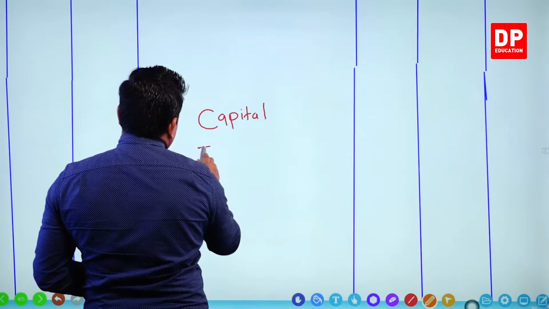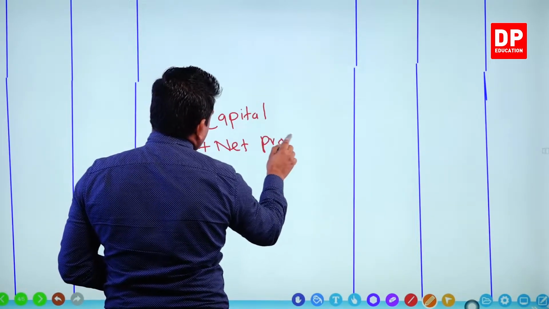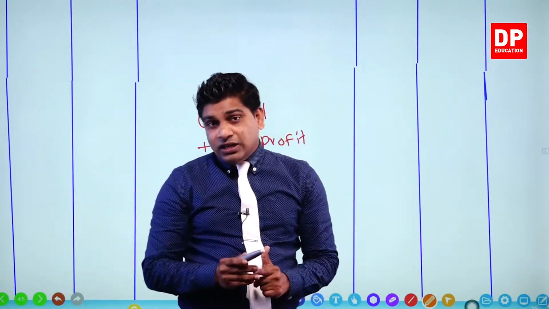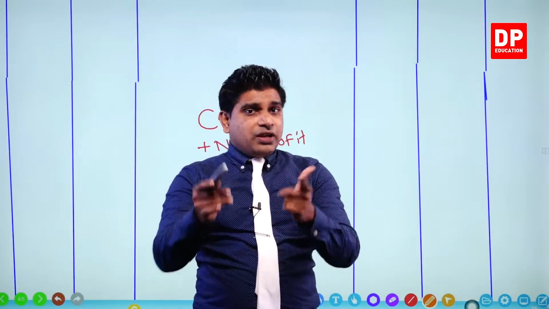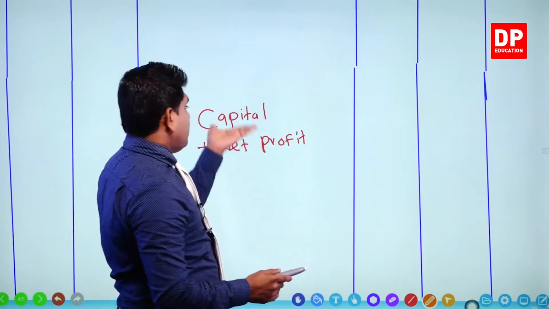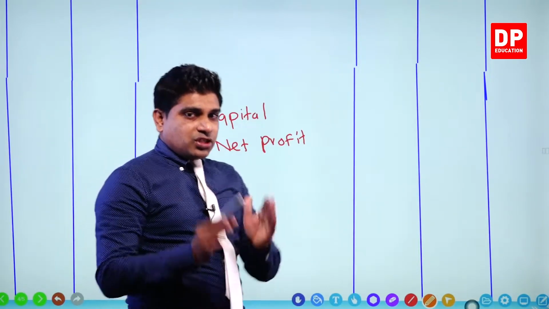After that, we put net profit. You remember, if they have given drawings, we write it under the net profit: after adding net profit to the capital, from that answer we subtract drawings.